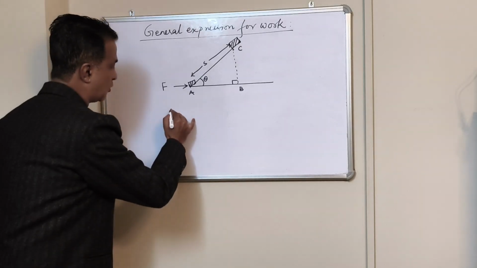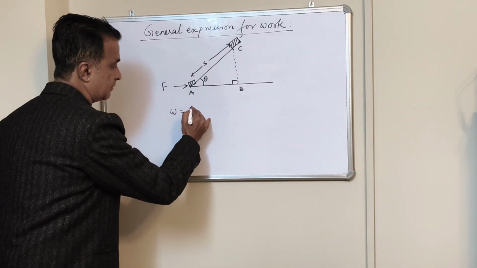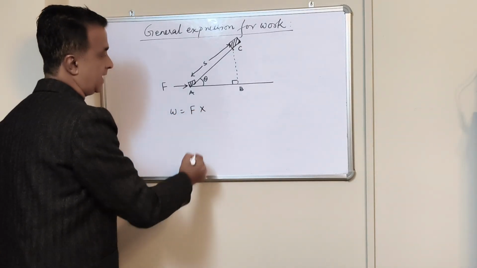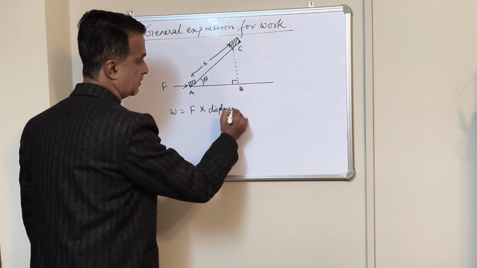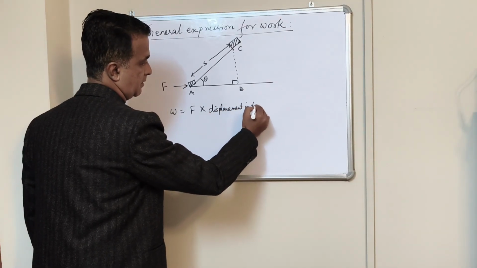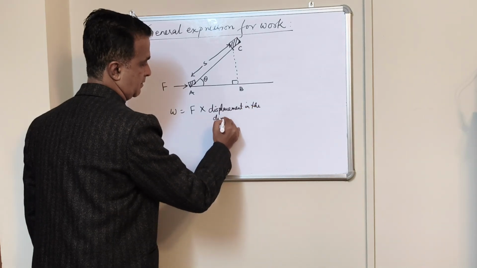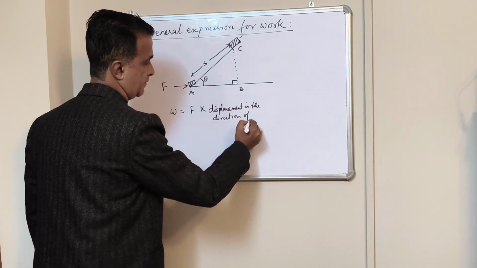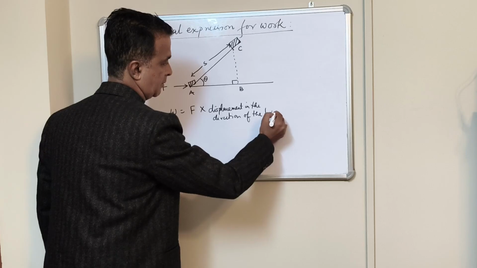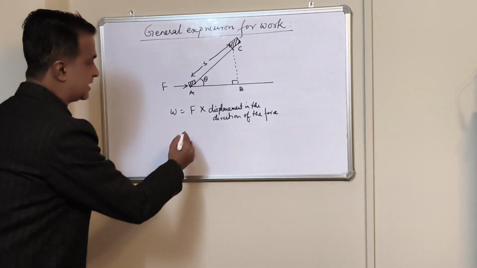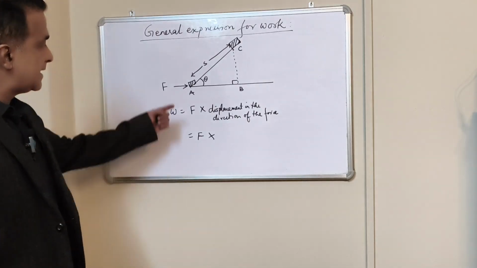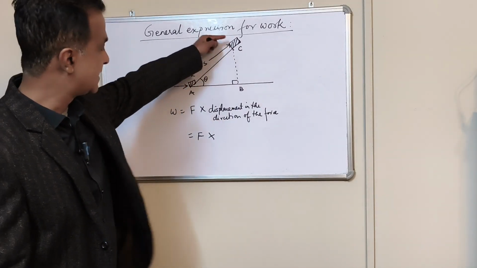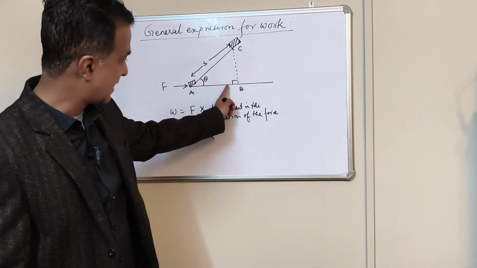Now let's see, work according to the definition is force multiplied by displacement in the direction of the force. So here in this case, it is F multiplied by the displacement in the direction of the force, which is not AC, but see, the force is acting along this line.